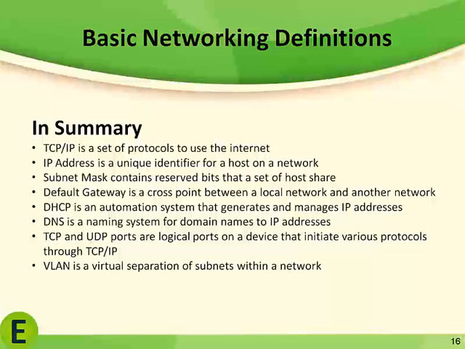DHCP is an automation system that generates and manages IP addresses. DNS is a naming system for domain names and IP addresses. TCP and UDP ports are logical ports on a device that initiate various protocols through TCP/IP. VLAN is a virtual separation of subnets within a network.